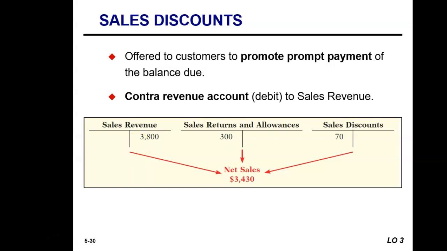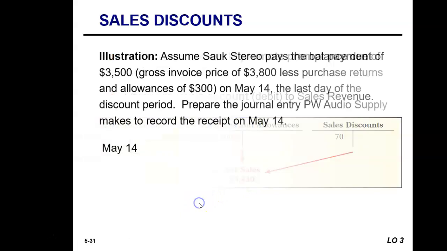But then there's a return in the amount of $300, and we offer them a discount for paying in 10 days in the amount of $70. So on your multiple step income statement, you will show sales revenue, less any sales returns and less any sales discounts to calculate what's known as your net sales.